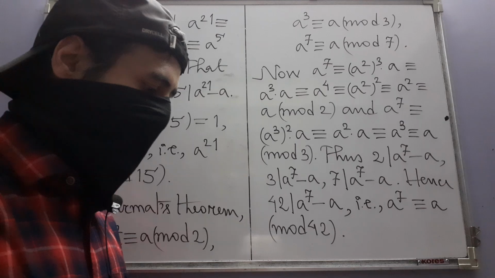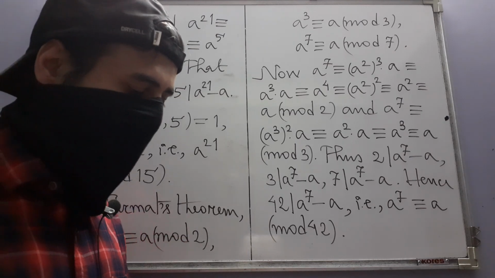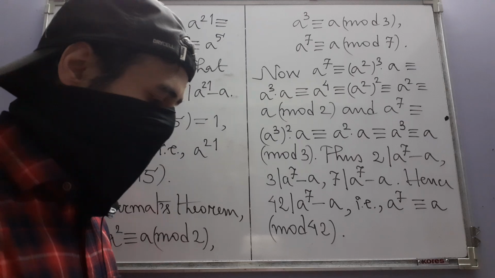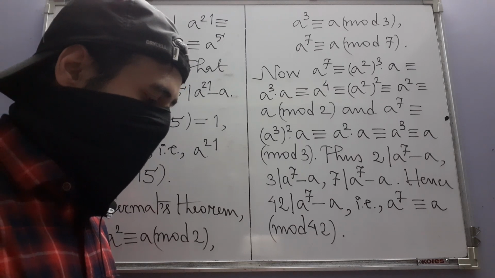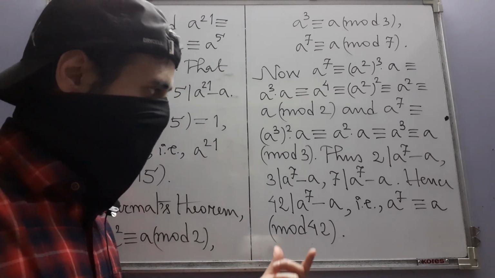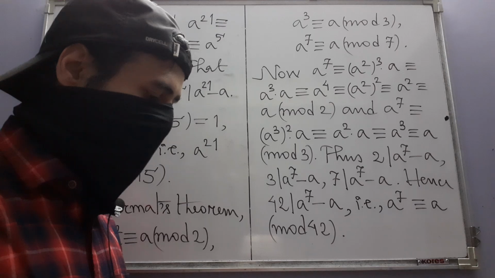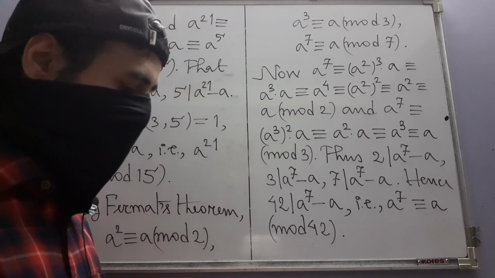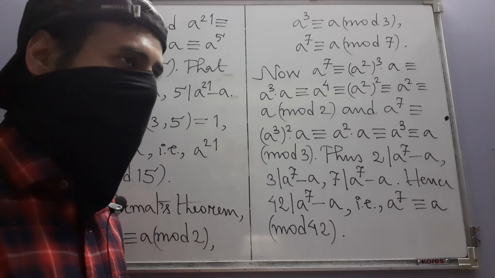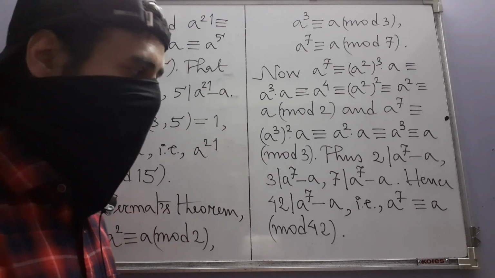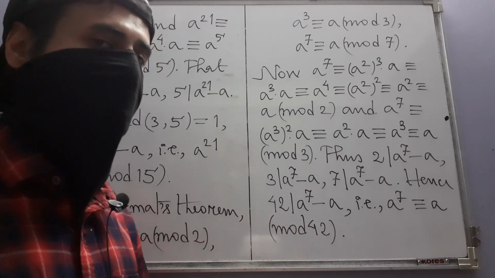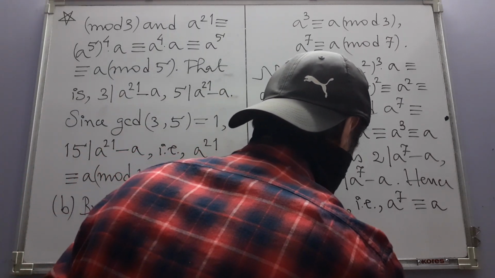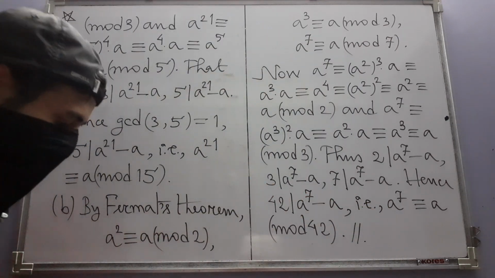The other two congruences in parts C and D can be similarly established. In this next one, the modulus is in a factorized form. The modulus is 3 times 7 times 13, and in the last one the modulus is 30, which is 2 times 3 times 5. So I am leaving parts C and D to you, and I am leaving this solution here itself.